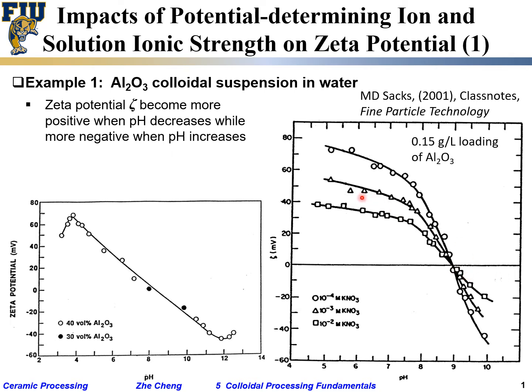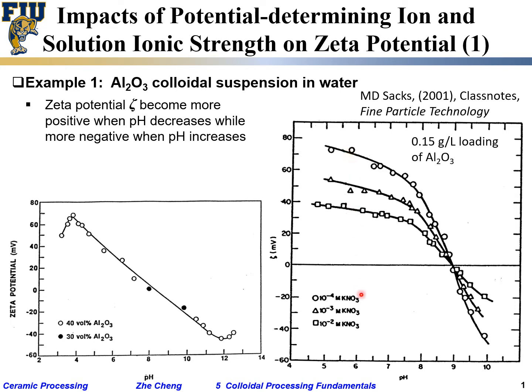But at the same time, you would see for the same pH, let's say around 6, the zeta potentials are all what? Positive. But as you see, as we increase in what? Electrolyte concentration, the absolute zeta potential becomes what?